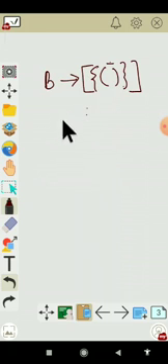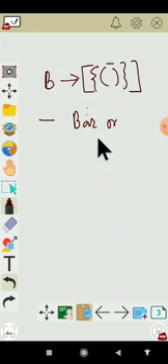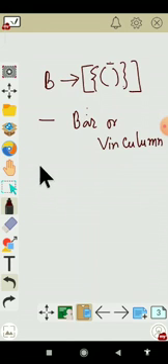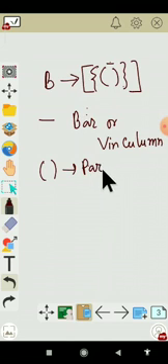This symbol's name is bar or vinculum, and this one is called round brackets or small brackets or parenthesis.